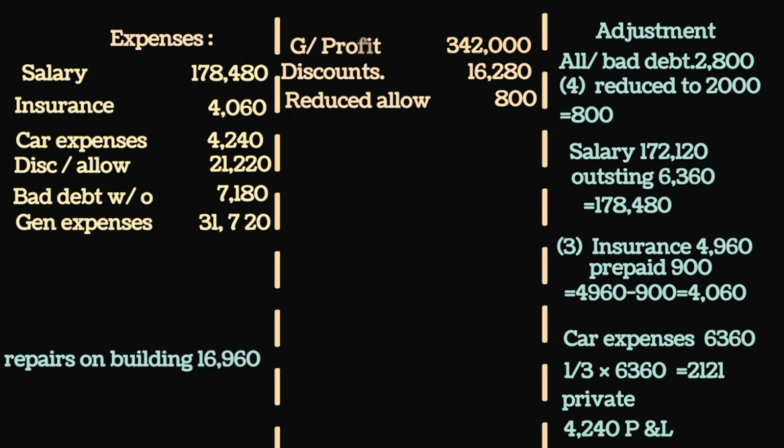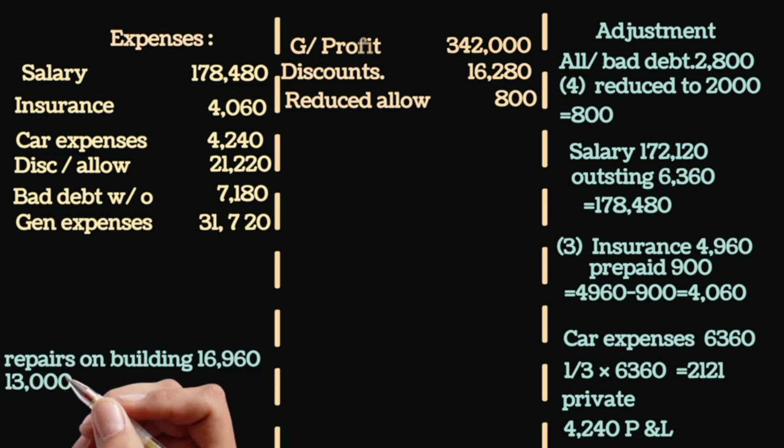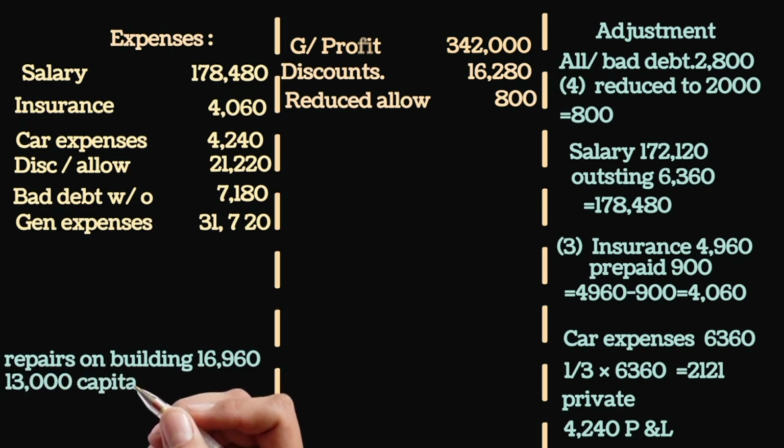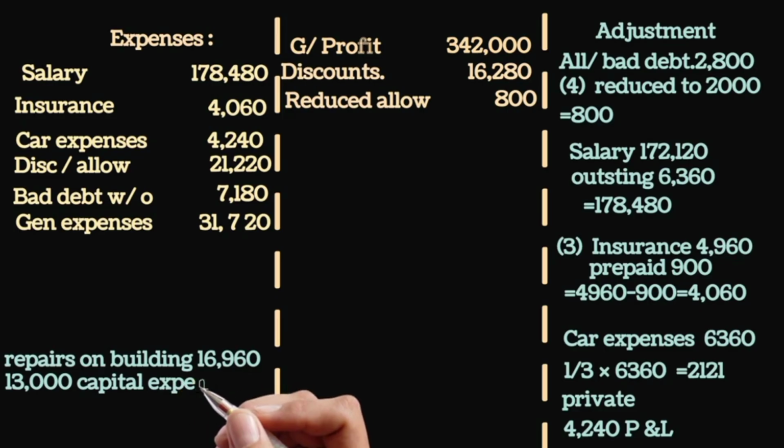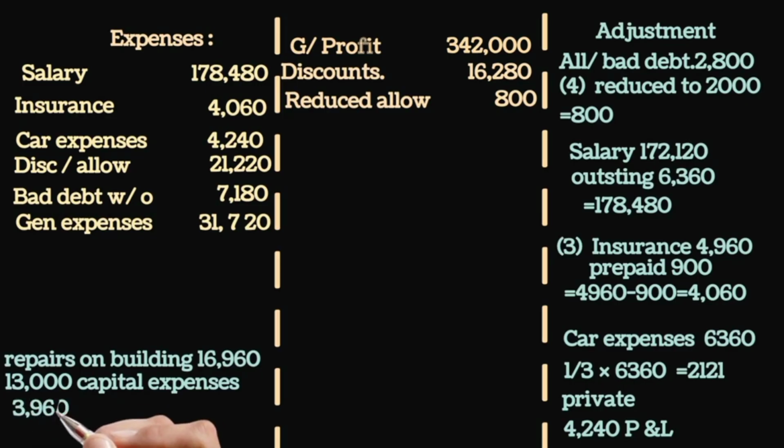Now we talk about the repair on building. Out of the repair on building, they say 13,000 represents a capital expenditure. According to the question, 13,000 is for alteration and improvement. And when you spend money for improving a non-current asset, that amount is to be capitalized. What do I mean by capitalized? That amount is to be added to the value of the non-current assets.